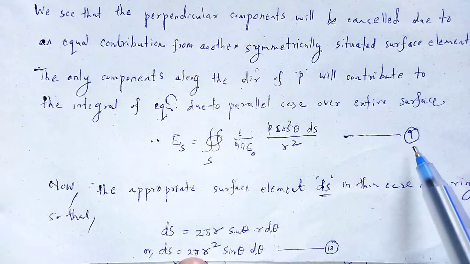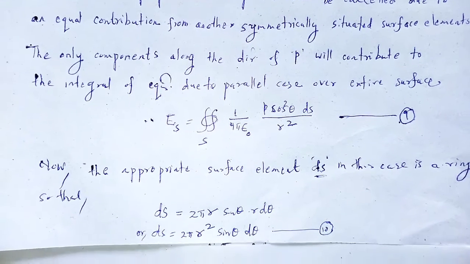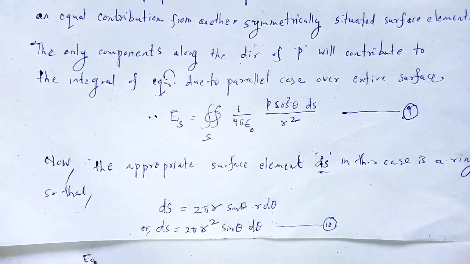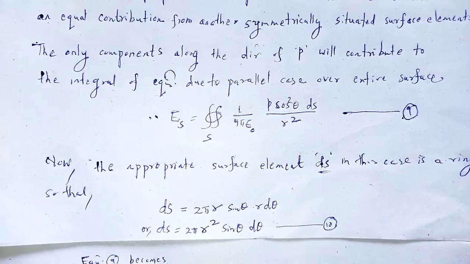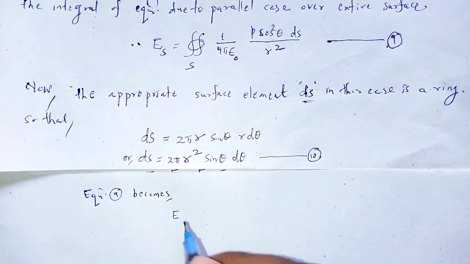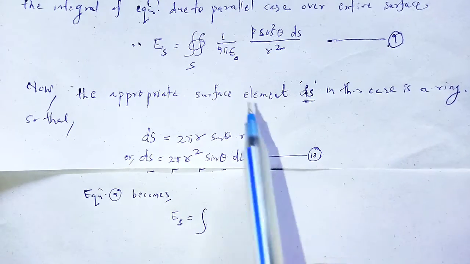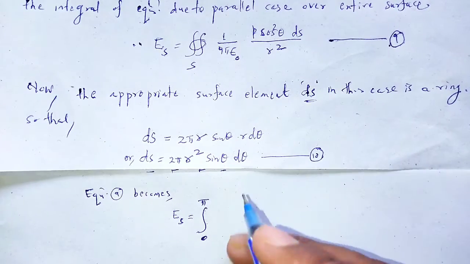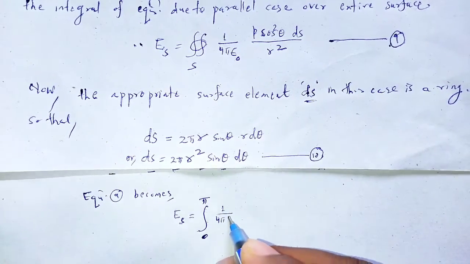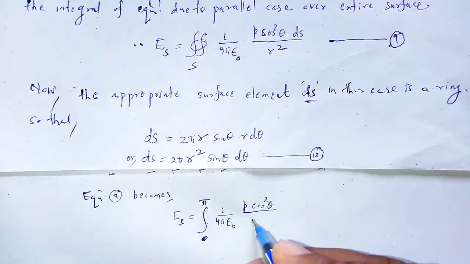Now equation number 9 becomes, putting the value of dS here, Es is equal to the integral over the surface from the limit 0 to pi of 1 by 4 pi epsilon naught P cos square theta divided by r square.